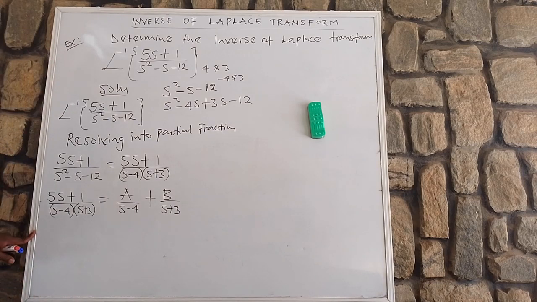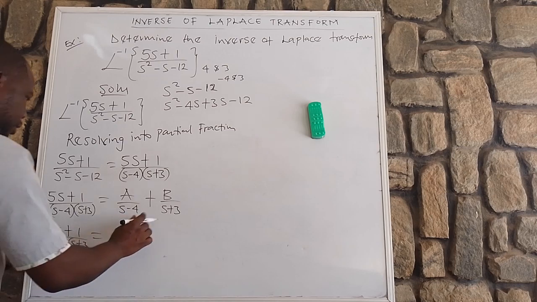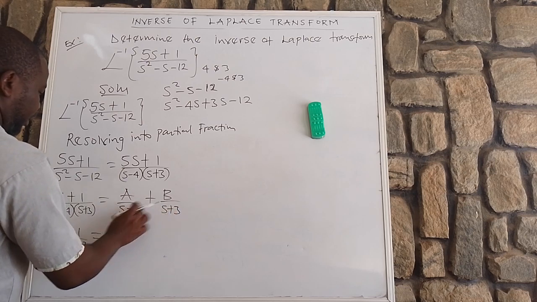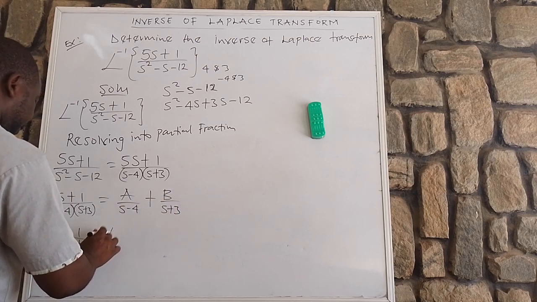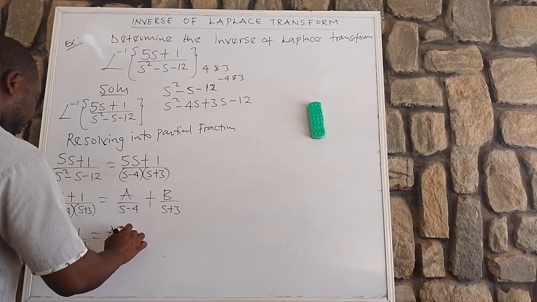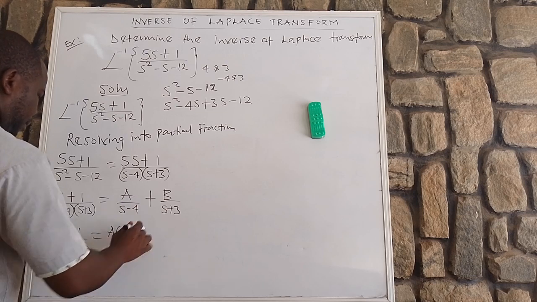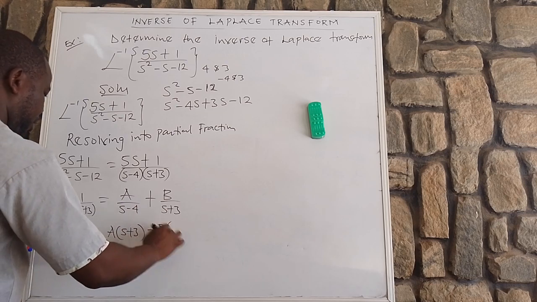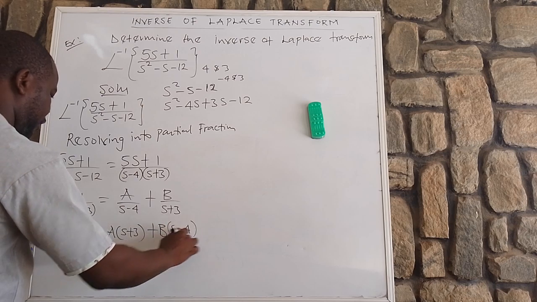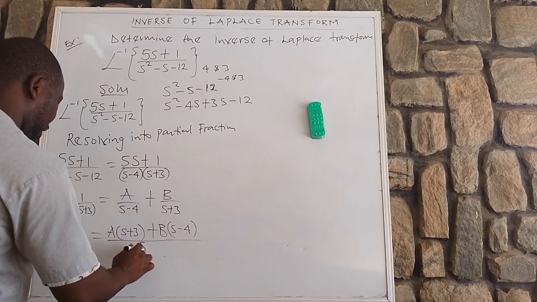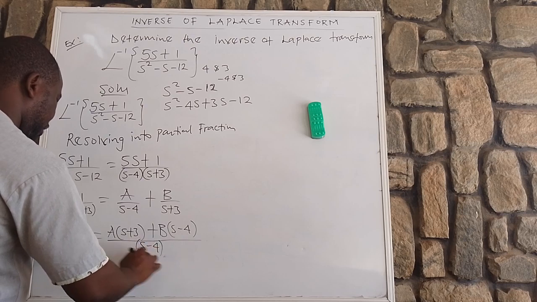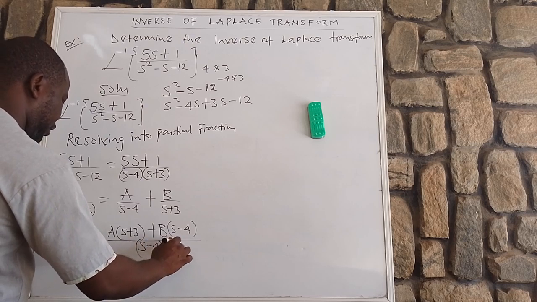The LCM will be (s − 4)(s + 3). This one multiplies this one, multiplies this, so A(s + 3) + B(s − 4) all over (s − 4)(s + 3).